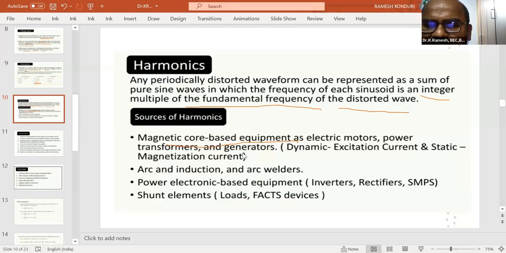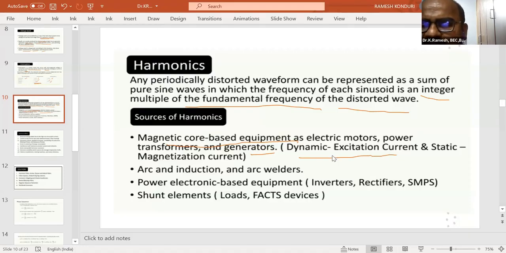Equipment like motors, transformers, and generators have a dynamic excitation system. In the case of an alternator, the excitation is provided by a DC field current for strengthening the magnetic field.